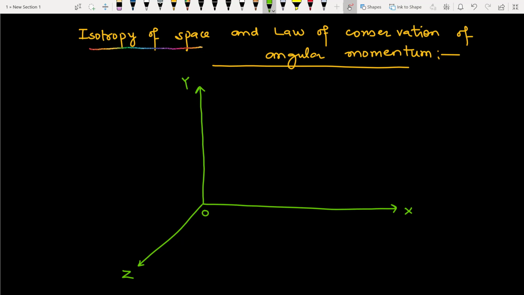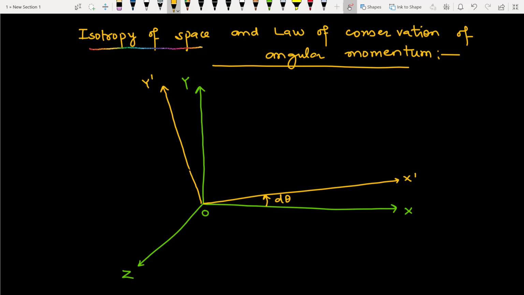And let it be rotated through an angle d theta. It is rotated through an angle d theta, and this is our new axis x dash, in anti-clockwise sense, and the rotation is with respect to the z axis.